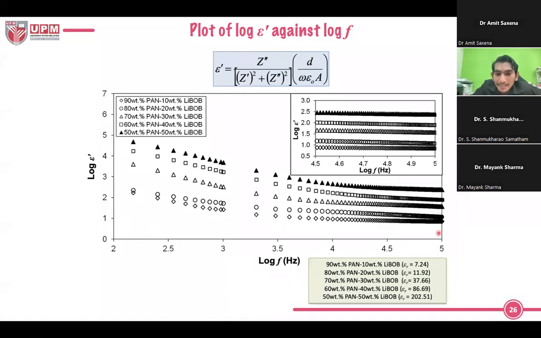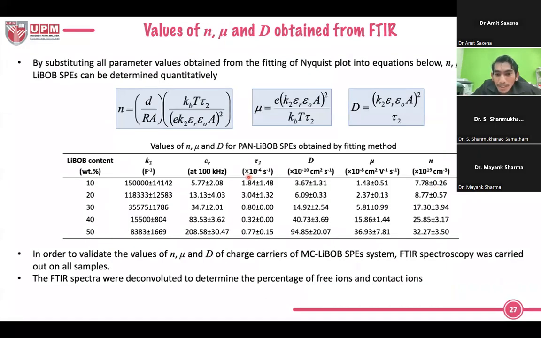We can see that it is almost constant at high frequency. We took the dielectric constant at 100,000 hertz, and this is the value of the dielectric constant of each sample.